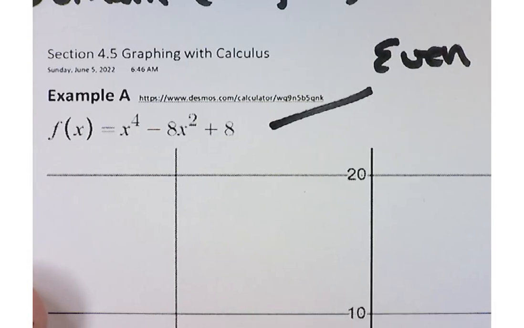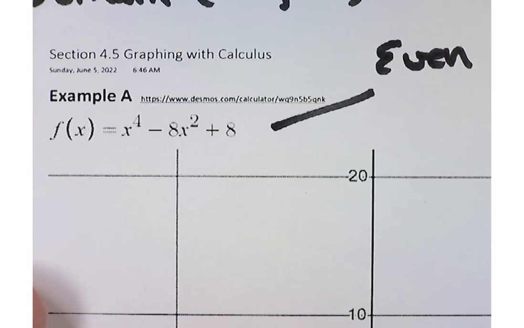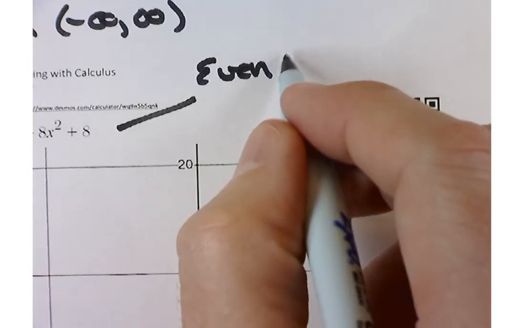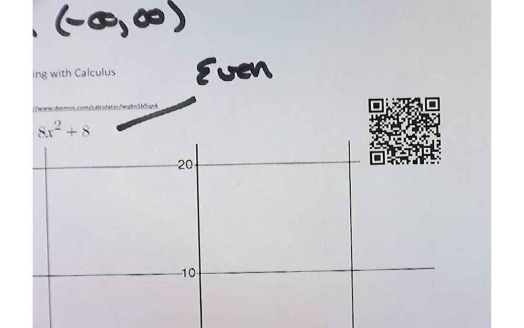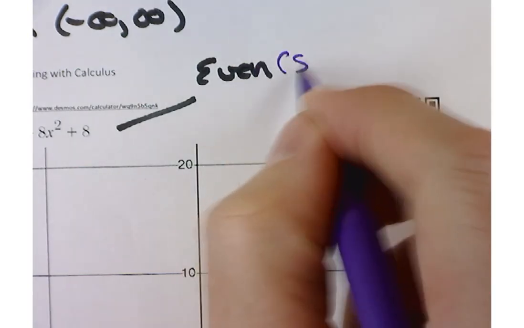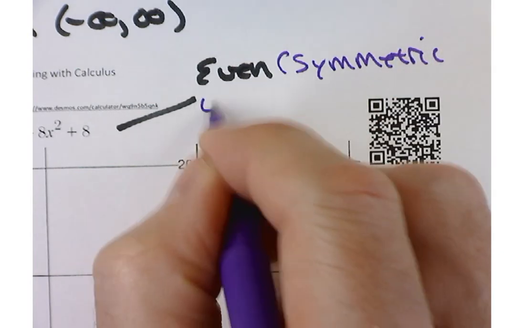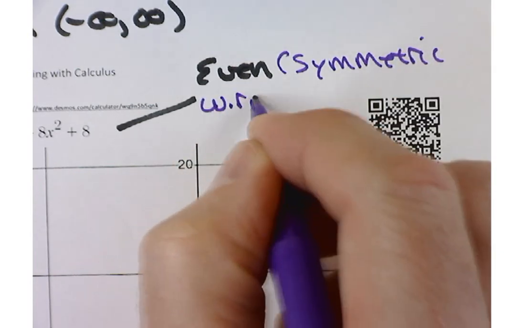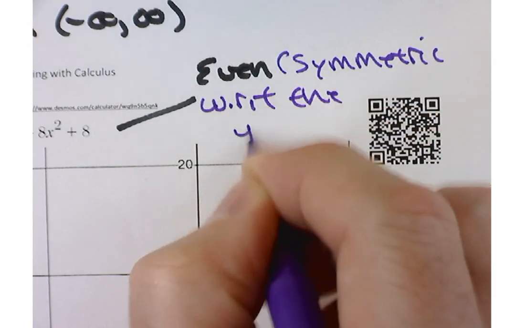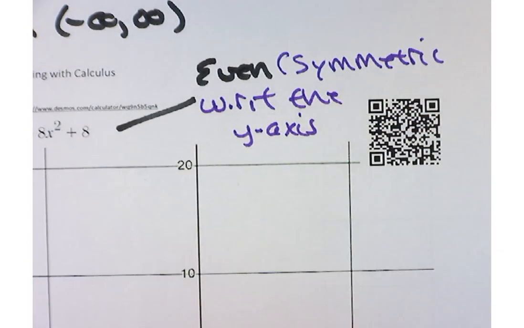What does it mean that it's an even function? What does the graph of an even function look like? Symmetrical. Yeah, it's going to be symmetric with respect to the y-axis. All right, great.